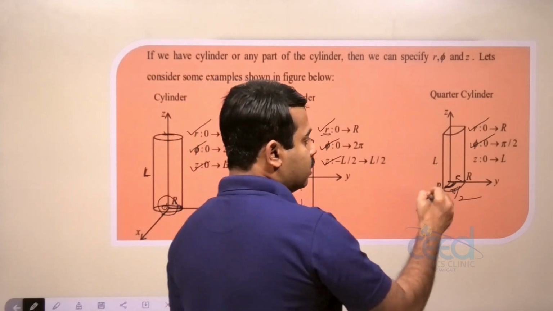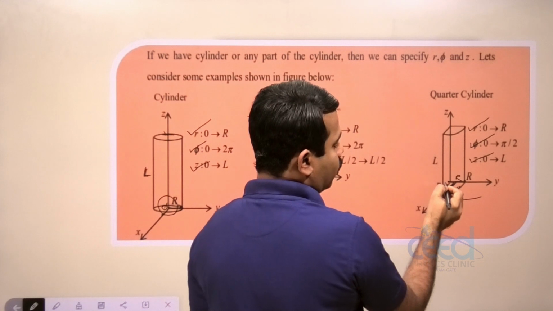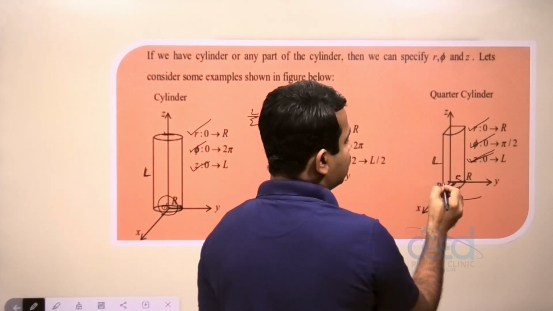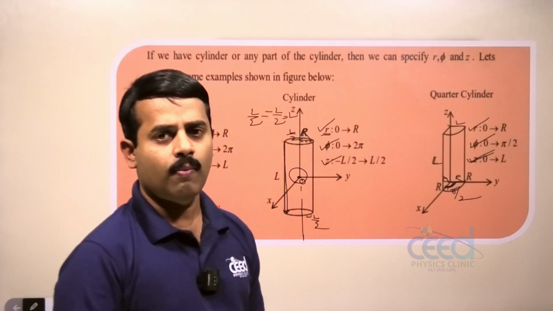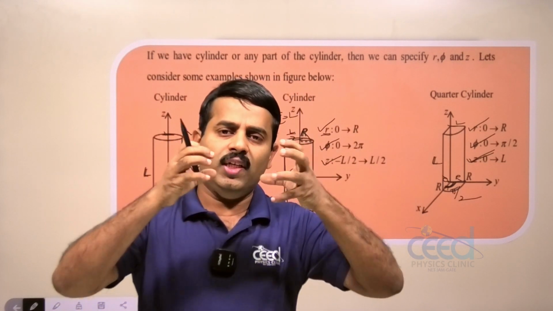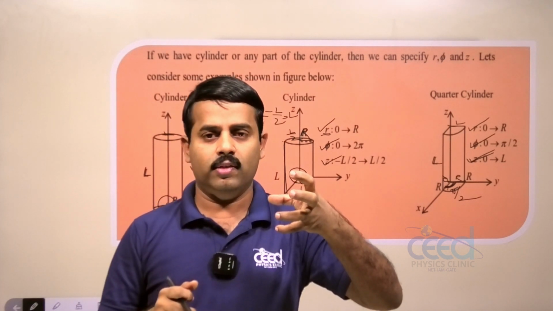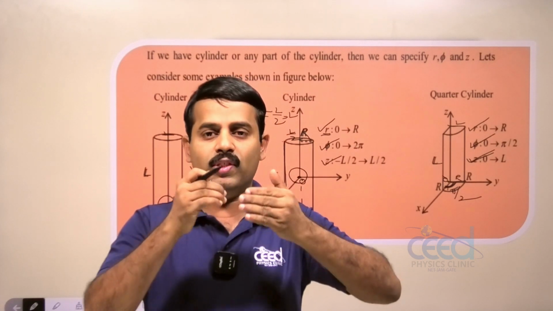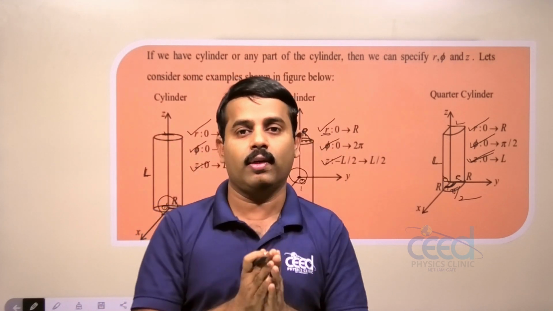Then z, I chose here a one fourth cylinder of length L only, then z is varying from 0 to L. So in different kinds of problems, we should select the values of the cylindrical coordinates, to give limits, from which value to which value this particular coordinate is varying. That is very important.